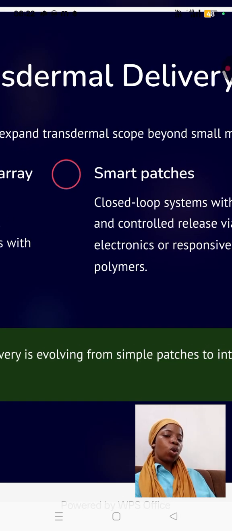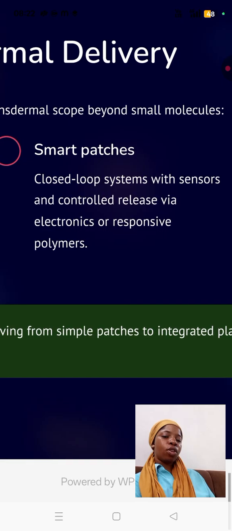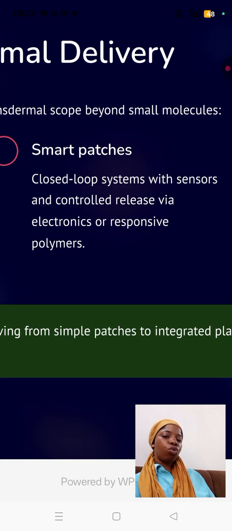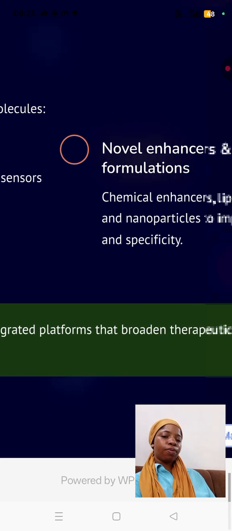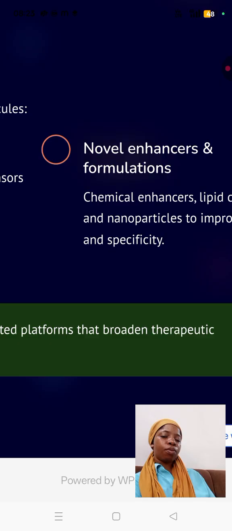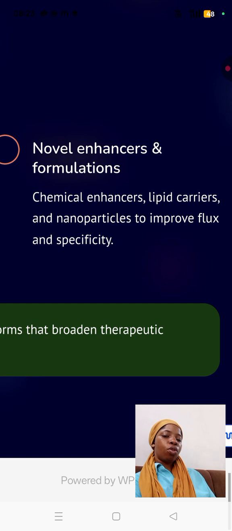Smart patch: closed-loop system with sensor and controlled release via electronics or responsive polymers. Novel enhancers and formulations: chemical enhancers like lipid carriers and nanoparticles to improve flux and specificity.